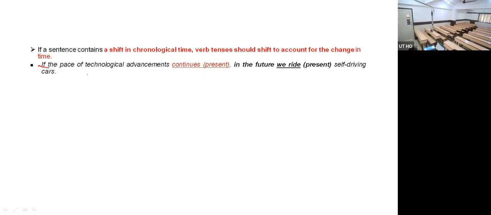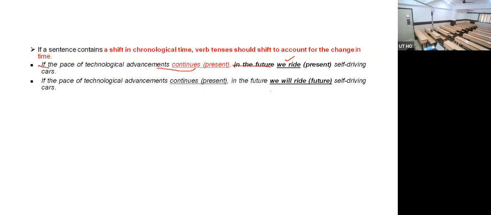It says, if the pace of technological advancements continues, in the future, would we say we ride? Here we will use a future tense because there is a shift in time in the sentence itself. So when we are saying in the future, we would be saying we will ride.